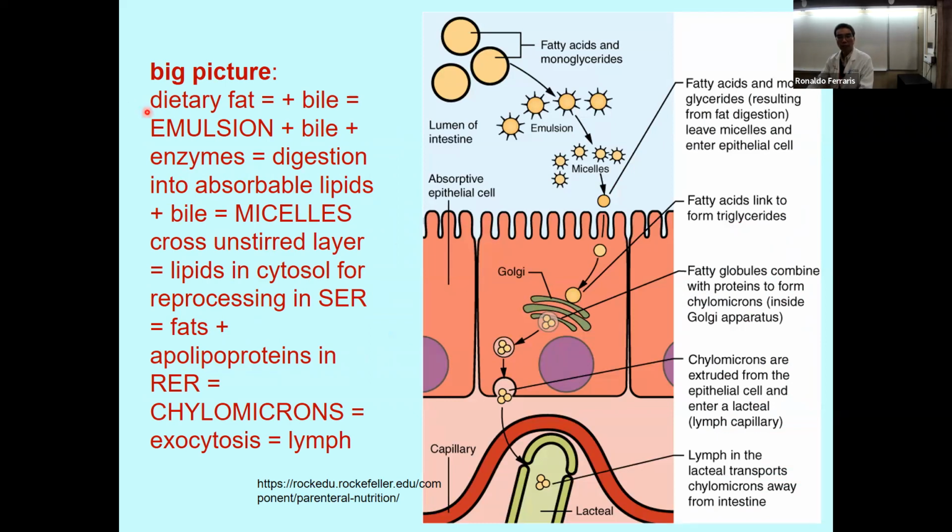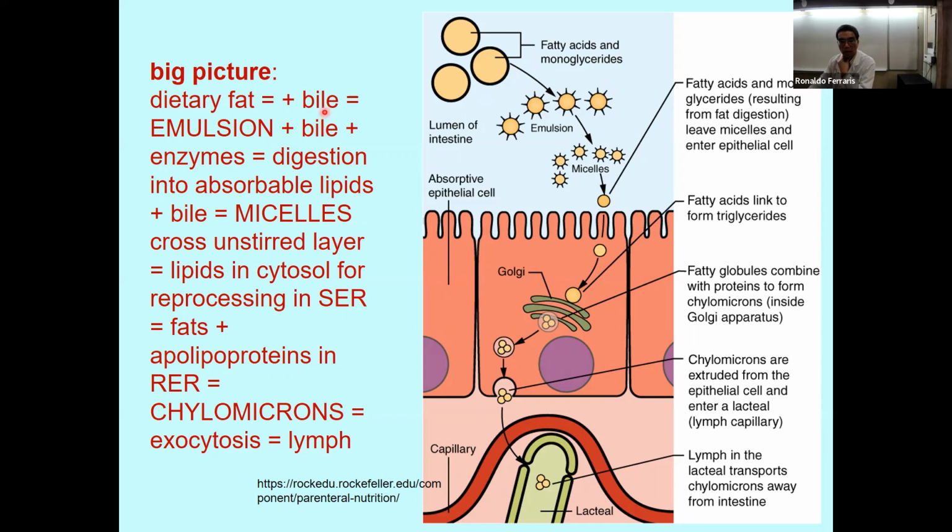So you begin with dietary fat. This is your ice cream here in fat globules. Then the fat globules are incorporated and broken down into emulsions, and then the emulsions are acted upon by your enzymes.